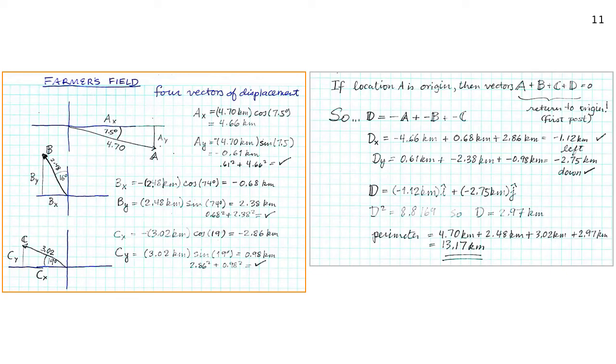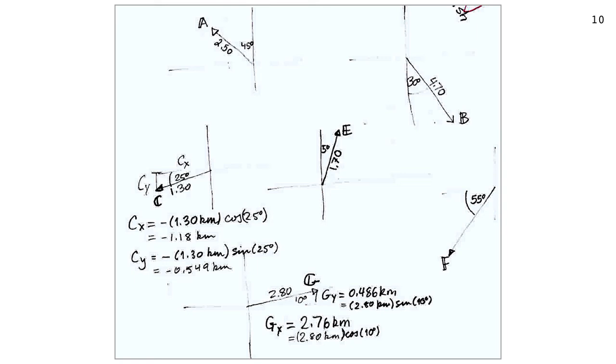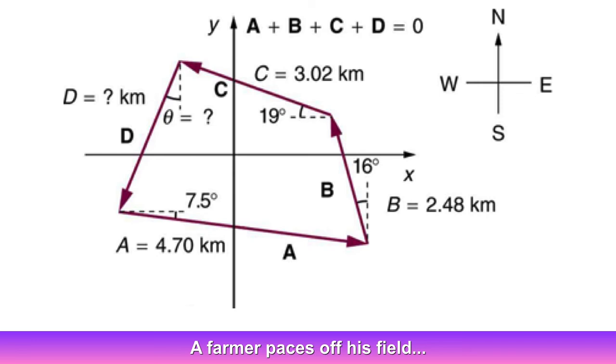And notice in the original diagram, let me go back. Can you go back to laptop, please? Okay, in the original diagram, D is a third quadrant vector because it's directed basically to the southwest.